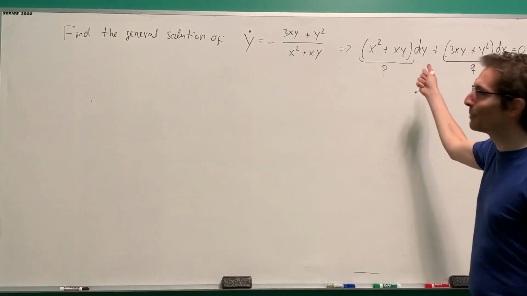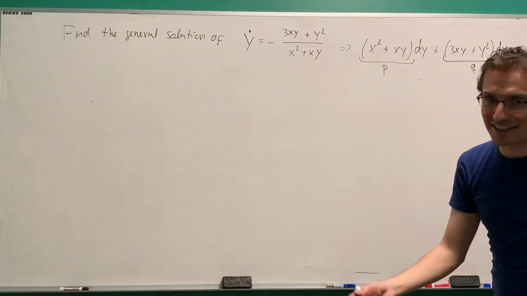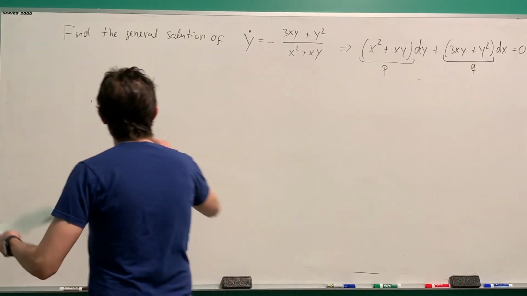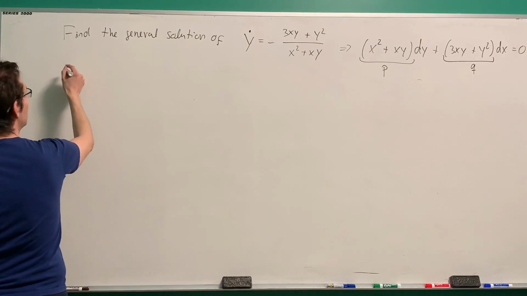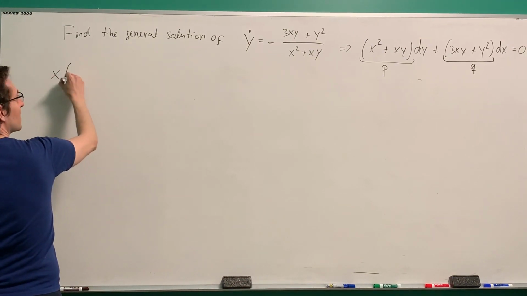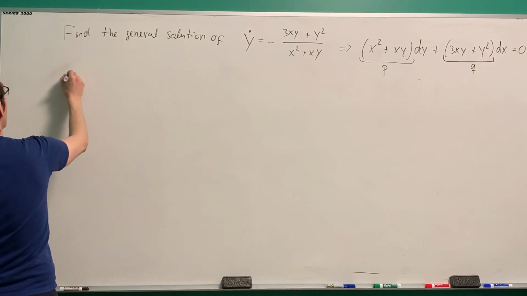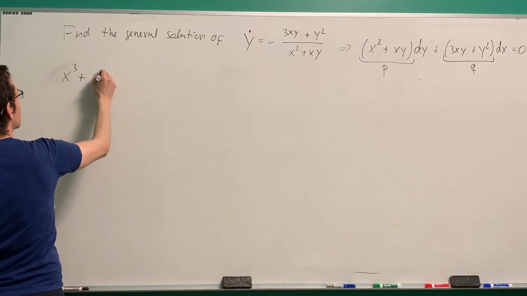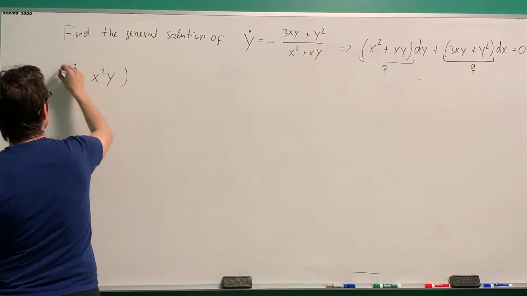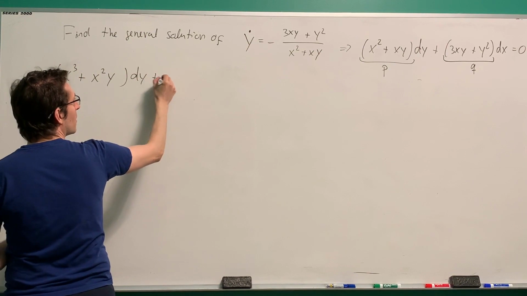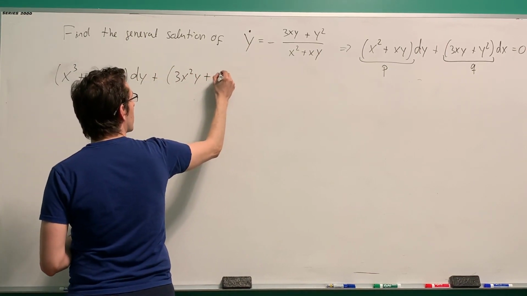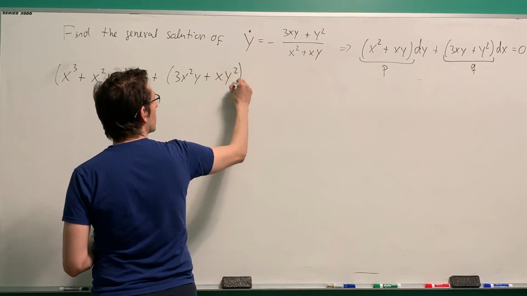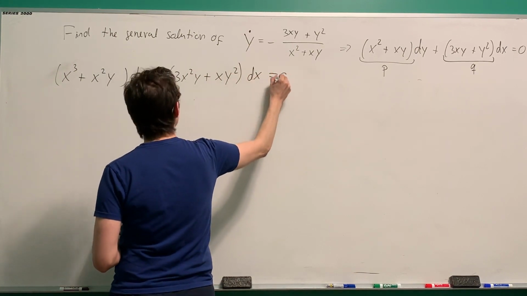All right, so we multiply equation 1 by x, which is the integrating factor, and hopefully that means that we have an exact equation if we did the math right. Let's see. So this would be x multiplying, so I'll just write the whole thing: x cubed plus x squared y, this goes with the dx, plus 3x squared y plus xy squared, that goes with the dy, equals 0.